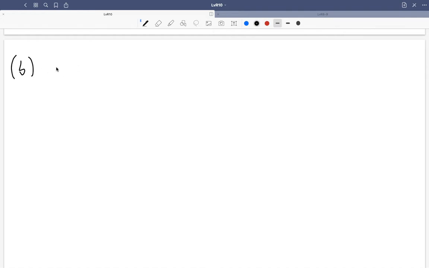So the complemented subformulas of not phi, which is not true until not true until q. That's quite a big formula.